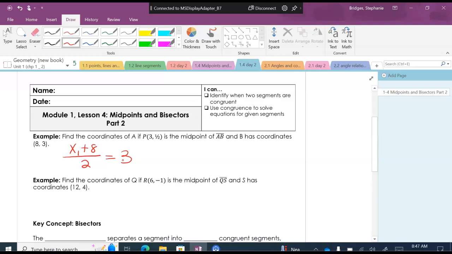Again, I'm going to work this out on here so it'll be on the video when I post it. We're going to multiply both sides by 2 again. We got to get rid of that divided by 2. Those cancel, so that leaves me with x sub 1 plus 8 is equal to 6, and then I subtract that 8 over, and so the x sub 1 gives me negative 2. So for A, the first part is negative 2.